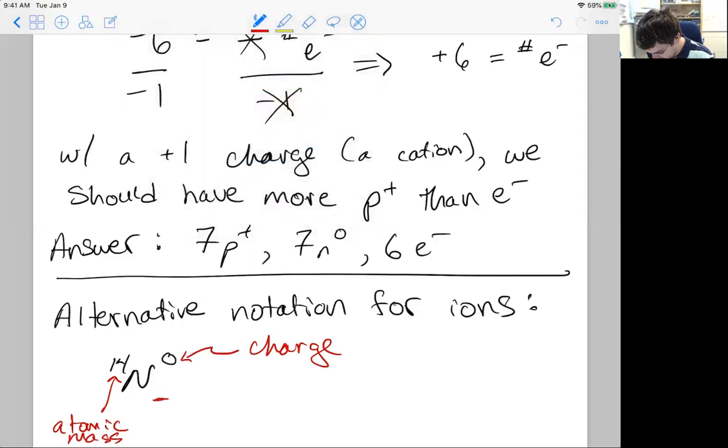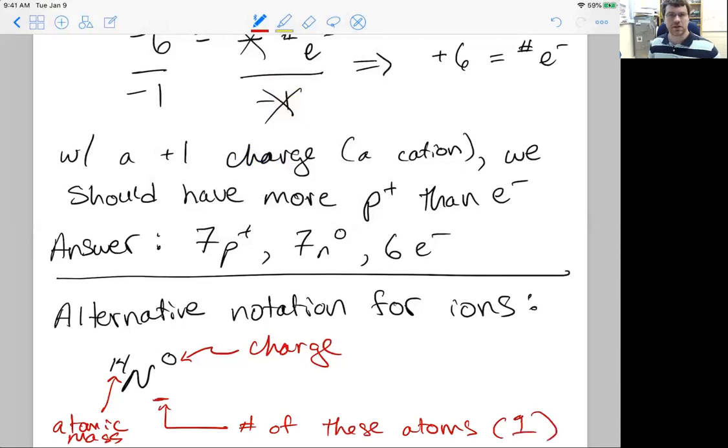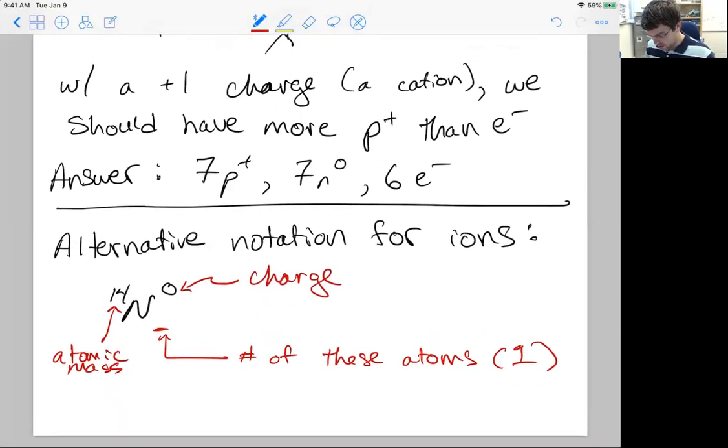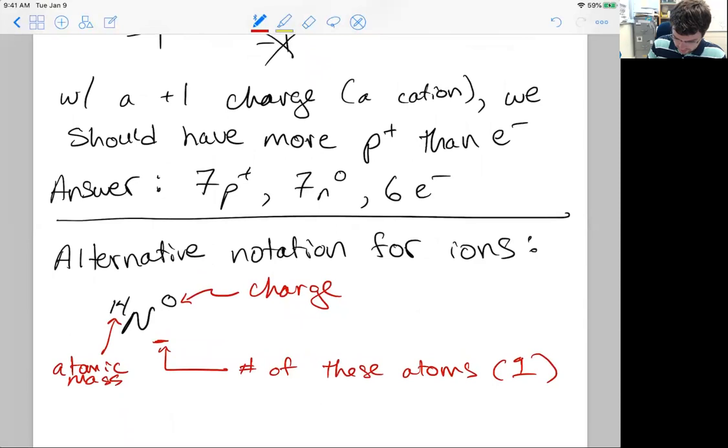And then, if we needed it, which we don't in this case, this would be the number of these atoms, which is 1. For our exercises, when we're counting protons, neutrons, and electrons, it makes more sense to stick with one atom, one example of this element. In our earlier example, very sorry, we just looked at nitrogen with a +1 charge.